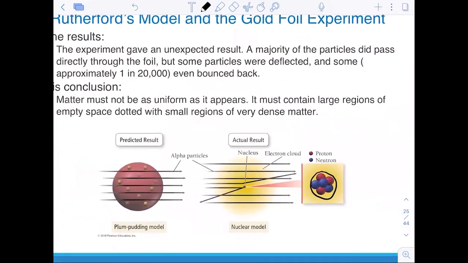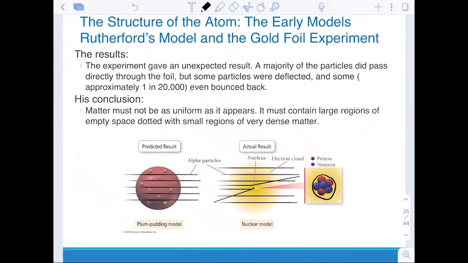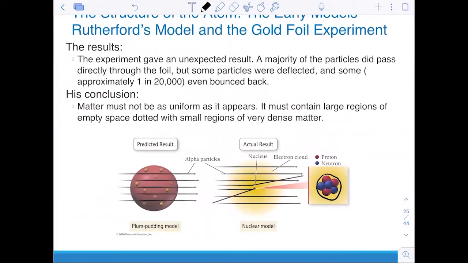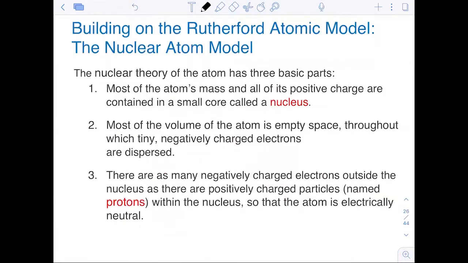And so the positively charged species were a lot more dense than what he thought. It's amazing to think about the early 1900s, 100 years ago, give or take 10 years, 110 years ago, we did not know about the nucleus. Incredible, crazy.